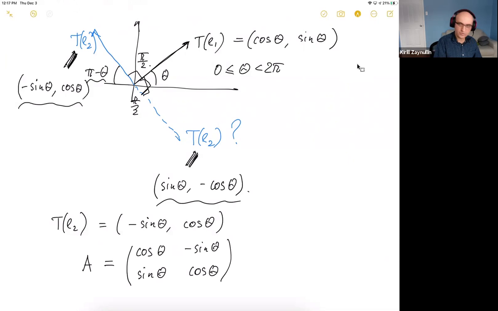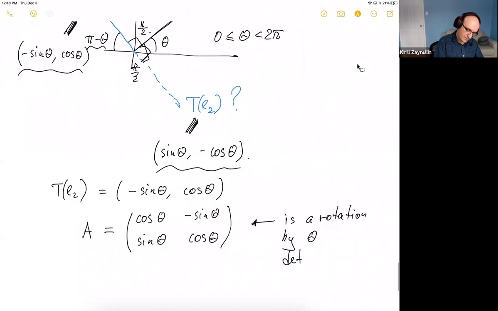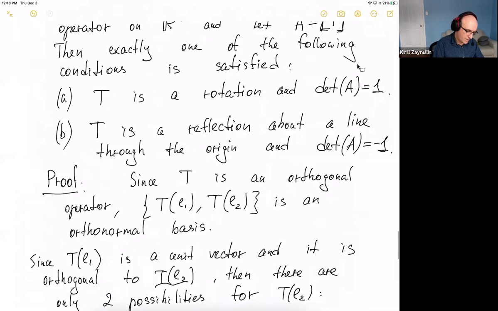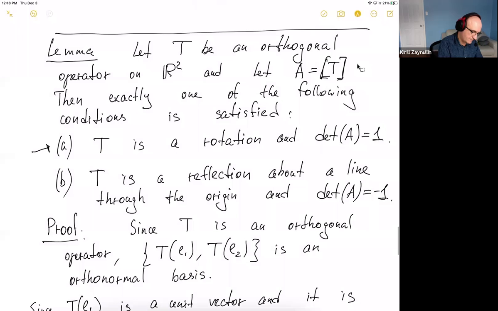This is the transformation matrix. If you look carefully at this matrix, you will see the rotation by theta around the origin, and the determinant of A is clearly 1. So in this way, we get the first case.